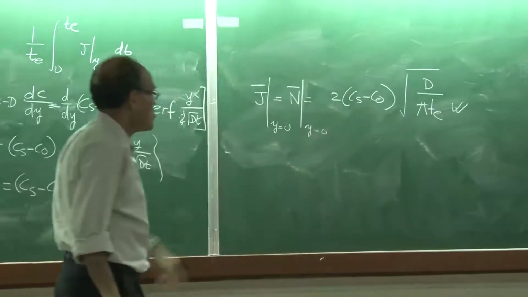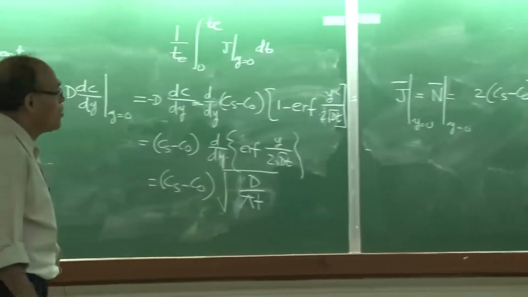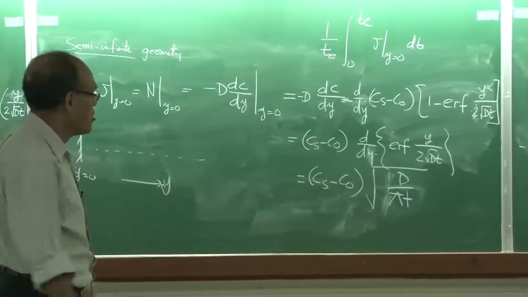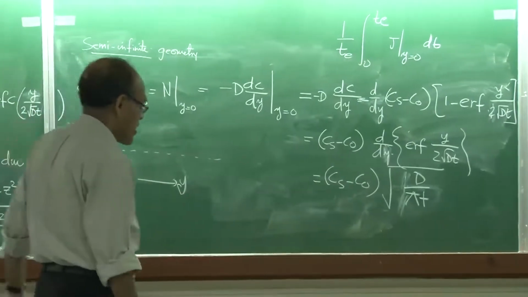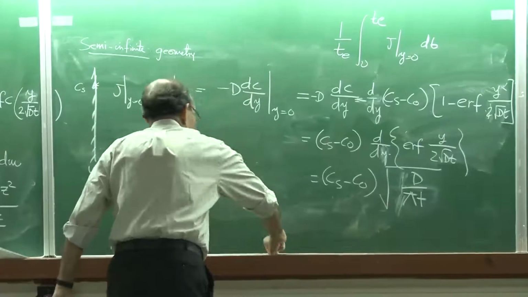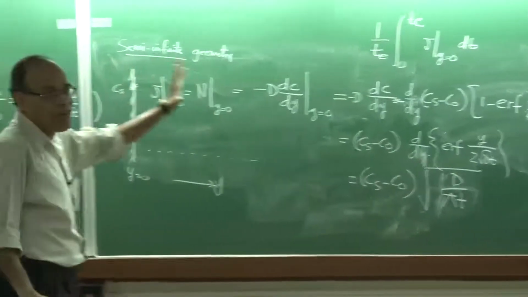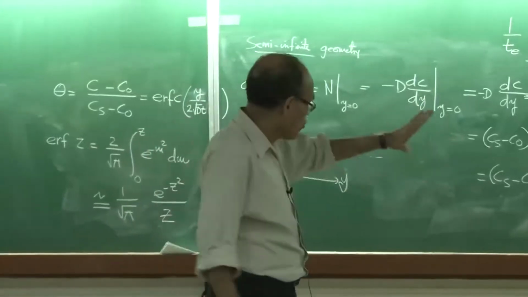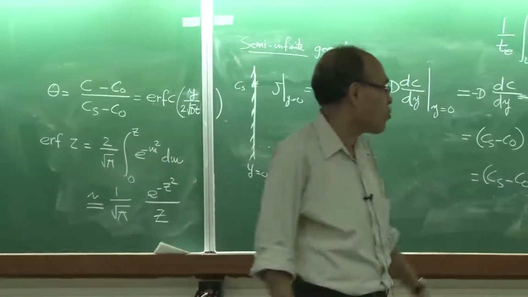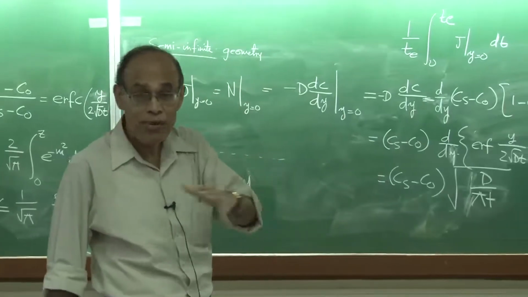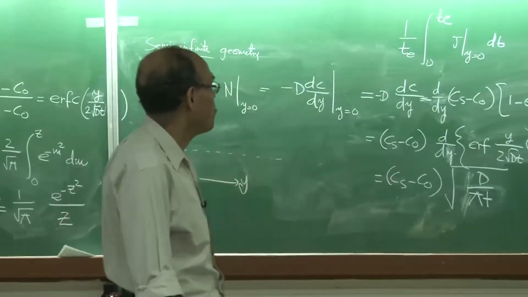I want to introduce, because I want to finish it, I will take a couple of minutes more, one important parameter which I did not talk about, and which essentially gives us the definition of nominal diffusion coefficient. So, whatever I have done relatively quickly through the unsteady state diffusion problem, it is the same error function solution which I have discussed in the context of heat transfer in great detail, much longer time I have maintained there.